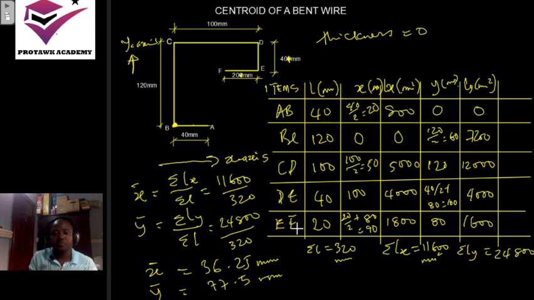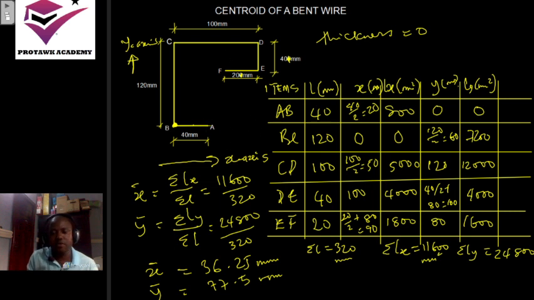So we have our x bar as 36.25 millimeter. Here we have 40 millimeter, so it should be close to this. If we trace along x bar and go up, let's use another color.